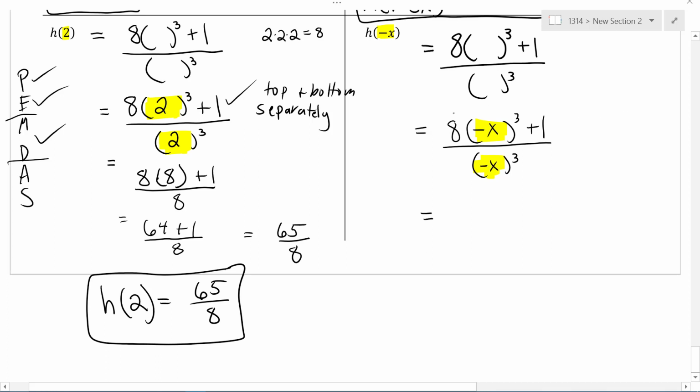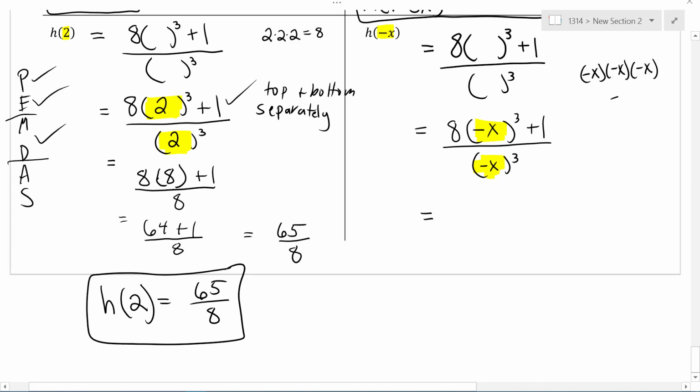All right, we're going to simplify using PEMDAS again. Nothing I can do within the parentheses, but I can do the exponent. So I'm going to come to the side and write negative x times negative x times negative x. I'm going to copy down that parentheses 3 times because of the exponent. A negative times a negative times a negative is a negative, right?